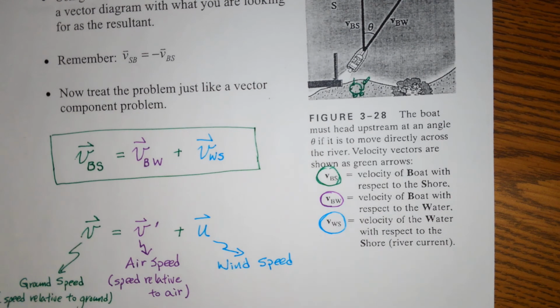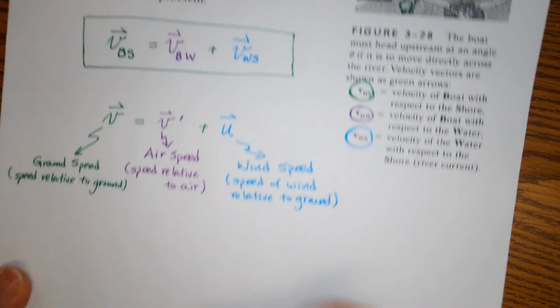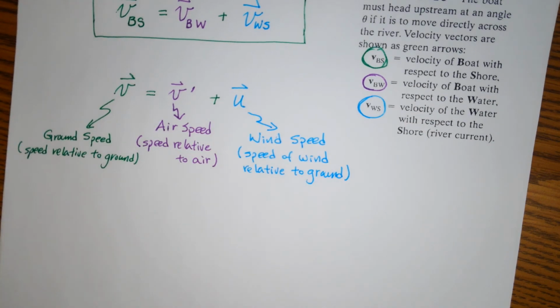And wind speed is speed of wind, right, relative to ground. Okay? So sometimes this form is easier to use, okay?